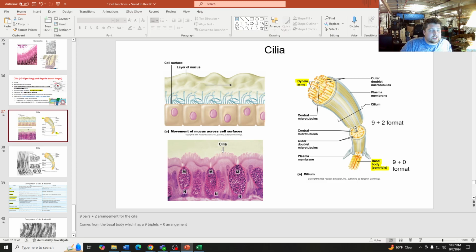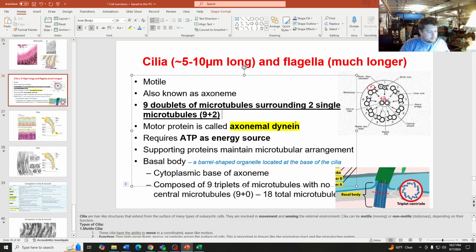We added an additional 2, right? So we have the 9 doublets, plus an additional 2 in the middle. Depending on how the question is worded and the answer choices that you have, 9 doublets of microtubules gives you 18, plus an additional 2, you have 20 total microtubules.